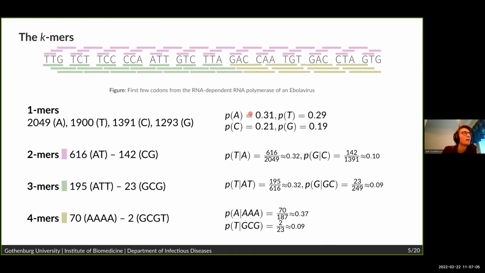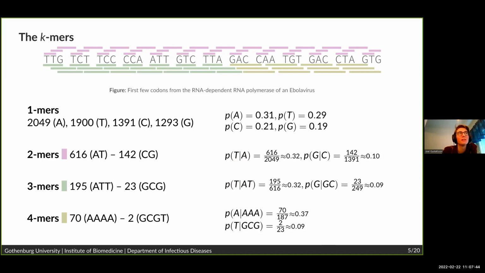Instead, we're looking at the probability of observing specific nucleotides in the genome and dependent probabilities of observing, for instance, a T after having seen an A previously in the genome, which comes from the dinucleotide AT, of course. And we can extend this context. So we can look at the probability of observing a T after an A, or observing a T after AT, and so on.